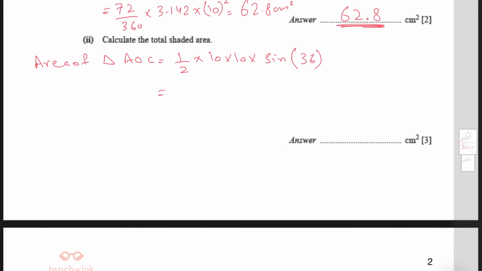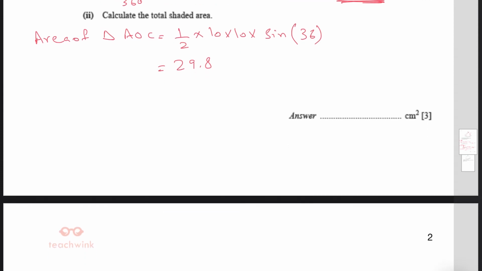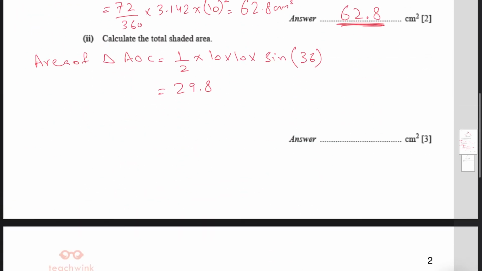Okay, what we do is we do 0.5 times 10 times 10 times sine 36, and we end up with 29.8. Now we can multiply this by 2 to find the area of these two triangles. If you multiply this by 2, what do we get? We get 58.8. We get 58.8 centimeters squared for both the triangles.